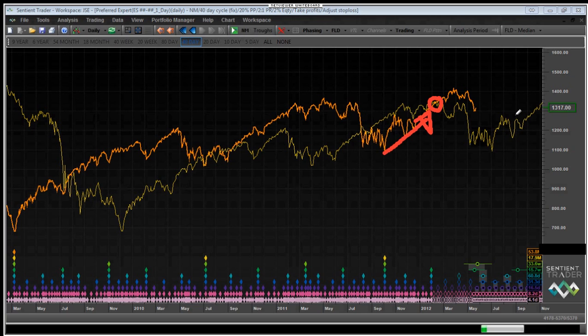That was from a low of about 1100 to the level at which that FLD was crossed, which was about 1320, but let's just call it just above 1300. So we would have been looking at a projection up of 200 points, because from 1100 up to 1300 is about 200 points.